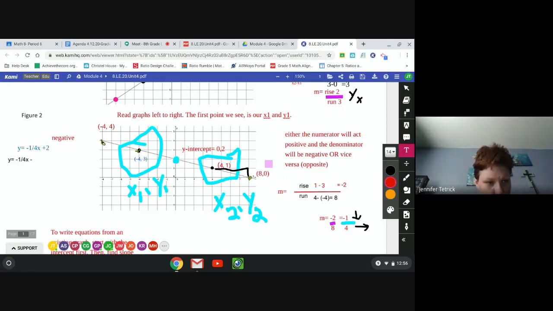Why are we doing a minus there? Go back to your y-intercept, which is on the y-axis. It's above. There we go. Nice. Okay, do we agree with these two?